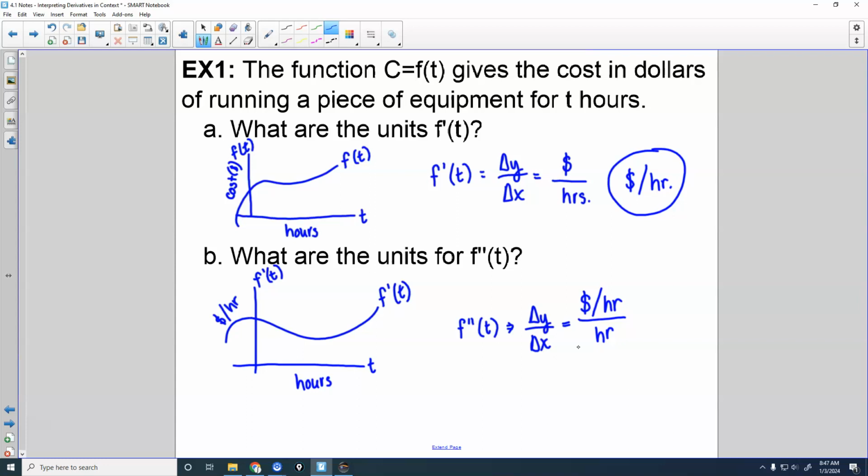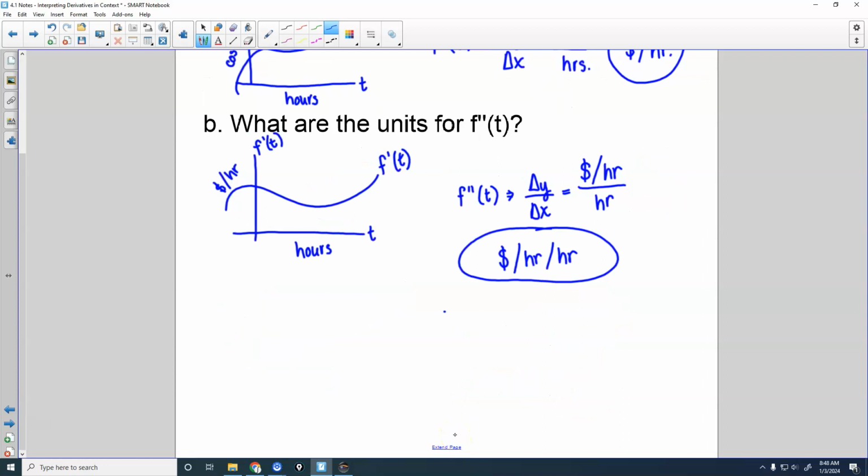So the way I prefer to write this is dollars per hour per hour. I prefer this. Now, it is okay.